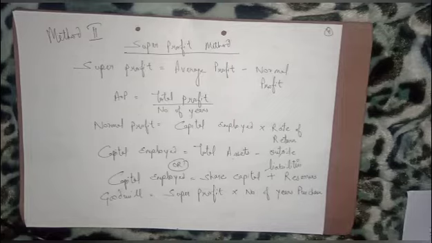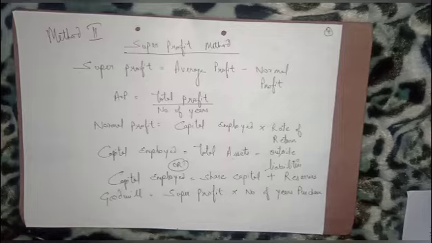That is your normal profit. But if a buyer's advantage lies in the excess of the normal return on capital employed, the excess of average profit over the normal profit is known as the super profit. And I think everybody wants to earn super profit, means above the average profit.